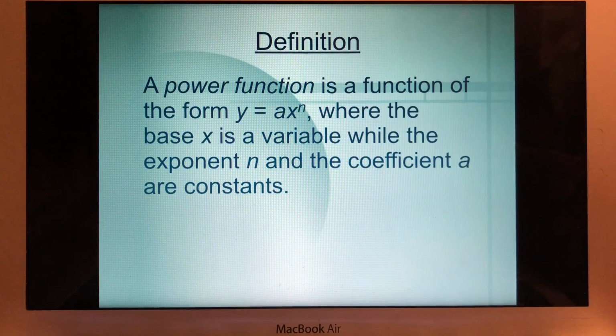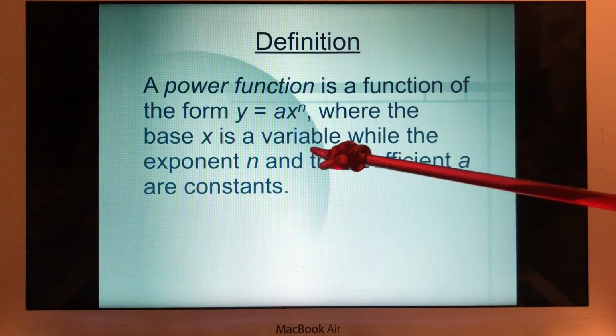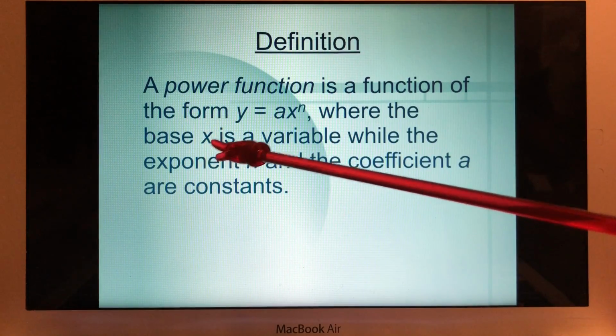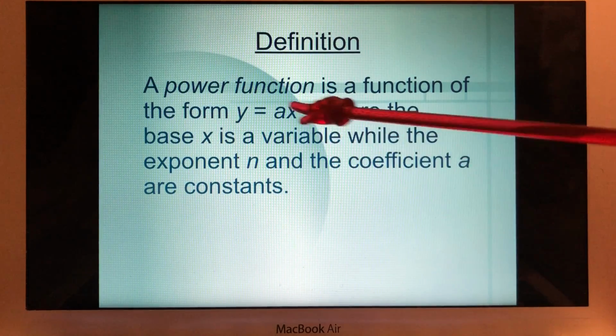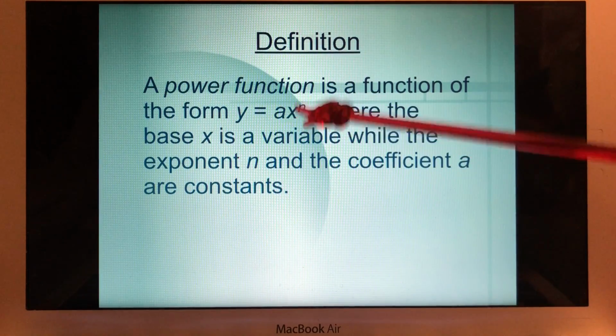A power function is a function of the form y equals a x to the n power, where the base x is a variable while the exponent n and the coefficient a are constants. So, in other words, x is a variable that will change, okay? n and a are constants. n and a, those will not change.